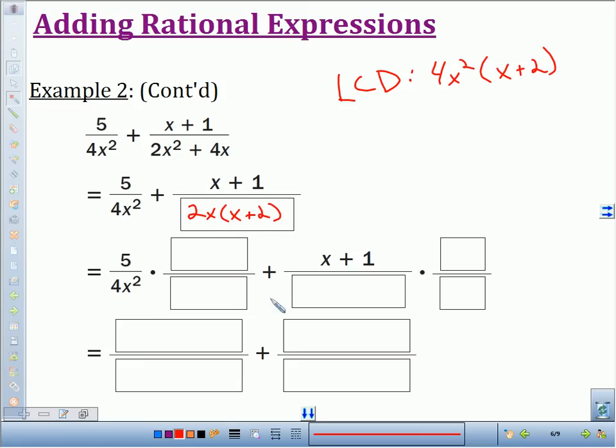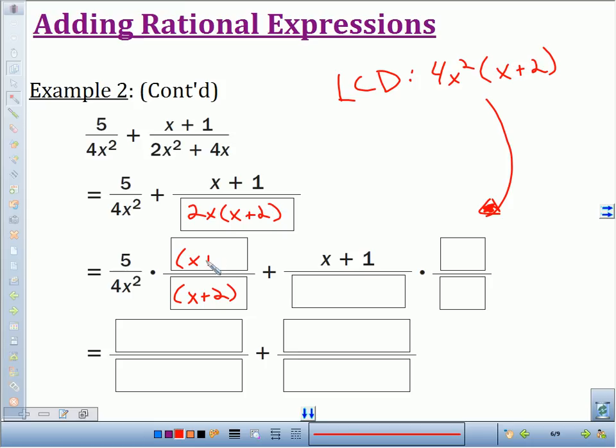I've factored everything as per usual because I need to know what I multiply both of my terms by to get the lowest common denominator. For instance, 4x squared, I need to multiply by x plus 2 because I want 4x squared times x plus 2. This needs to show up in all of my denominators.